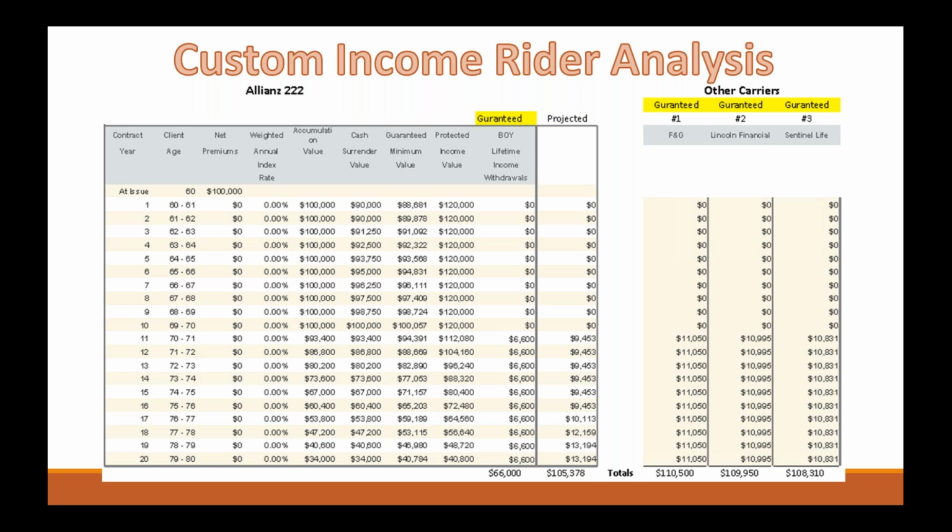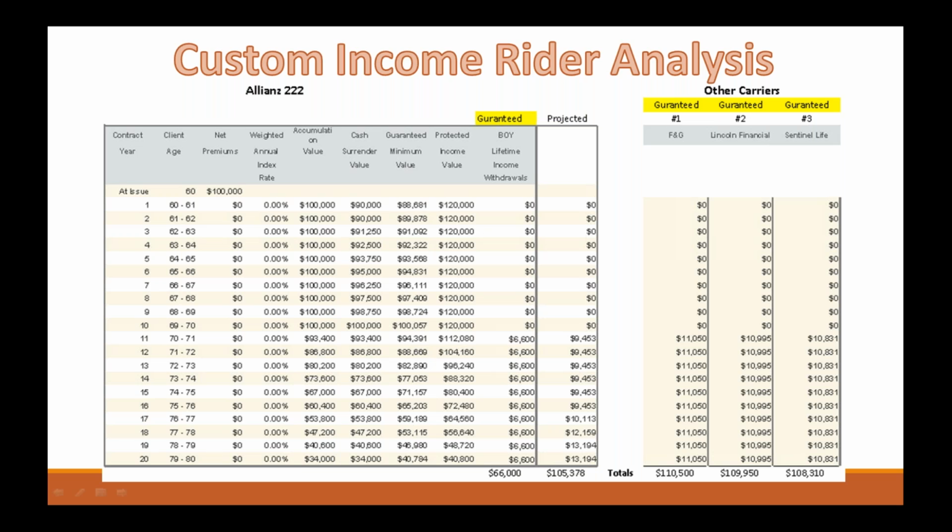So we used the downloaded data from the Allianz website to build this and show here is the guaranteed, and the agent took the carrier illustration with them to show this, and the numbers were exactly the same. So the guaranteed income in the 11th year was $6,600, and the top three were Fidelity and Guaranty, Lincoln, and Sentinel Life, 1, 2, and 3.